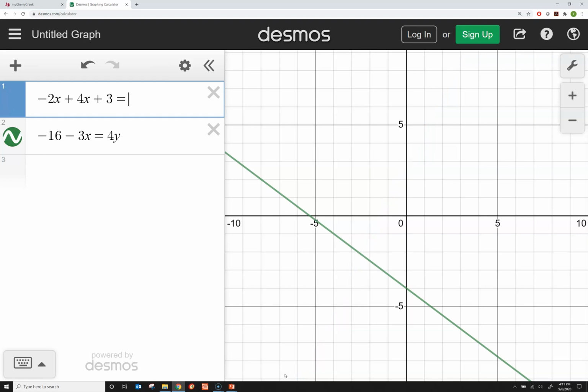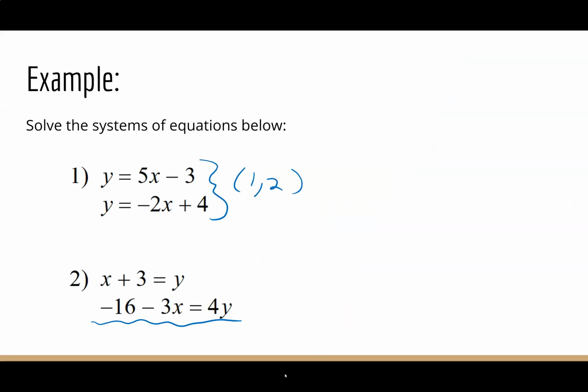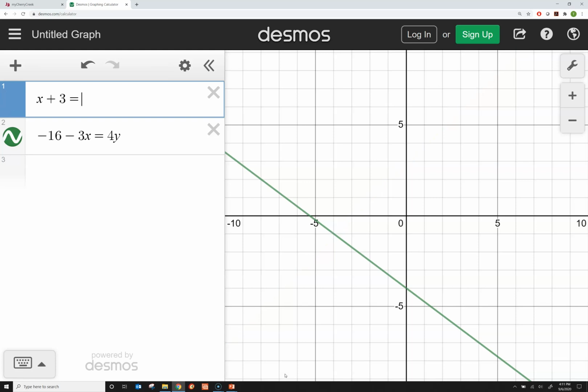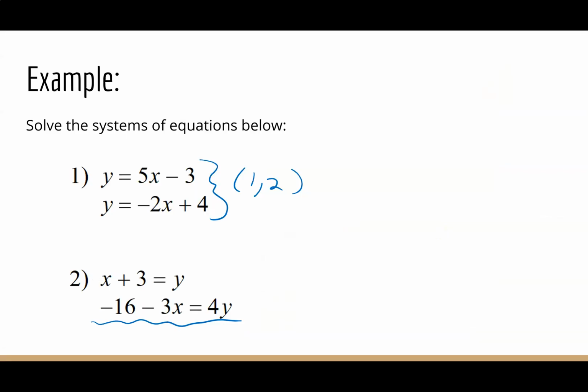Oops, what happened up here? Hold on a second. x plus 3 equals y. There we go. I forgot to erase the whole first one first. All right, so the solution here is negative 4, negative 1. Okay, so pretty basic if you can use Desmos.